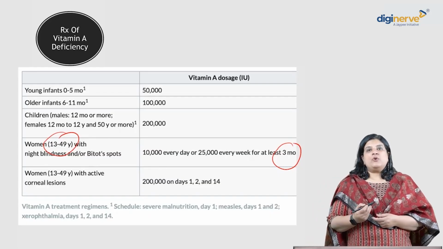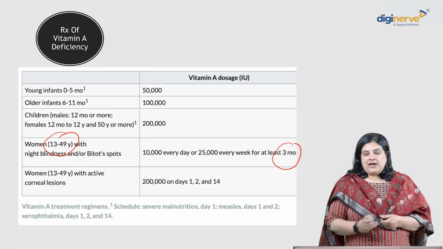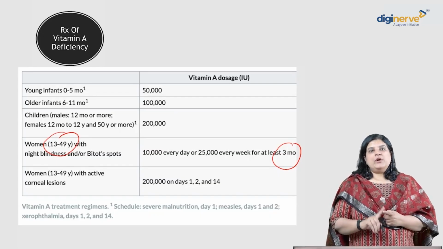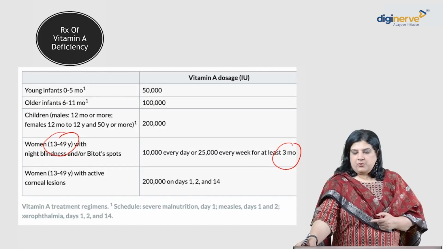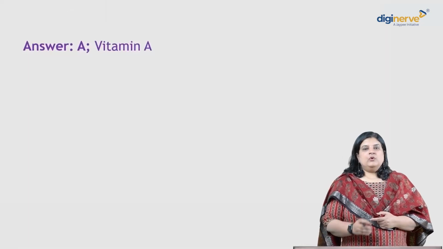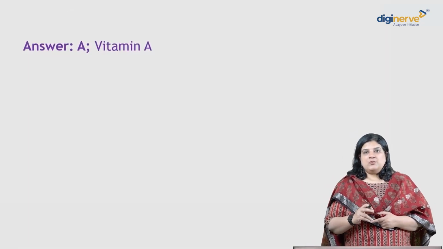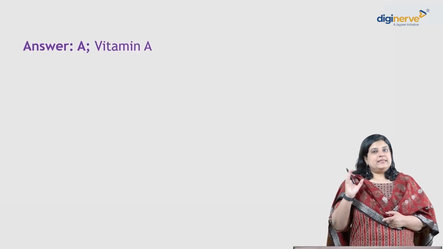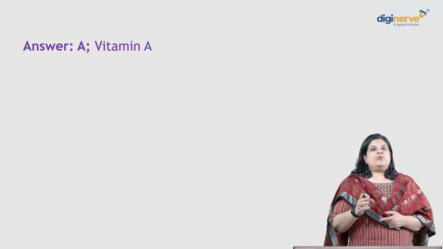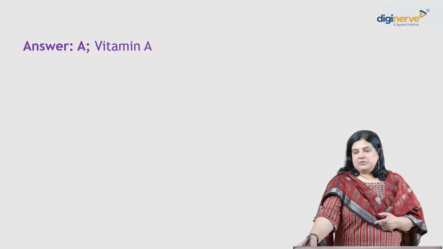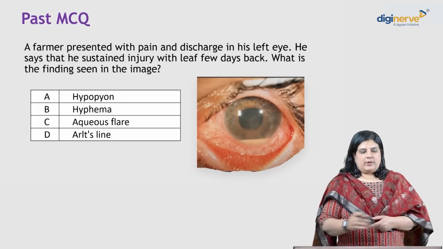Women with active corneal lesions, 2 lakh units on days 1, 2 and 14 if you want the cornea to recover. So this is important for you to remember. So the answer to our question was vitamin A. That disease entity that was shown was Bitot spots, and I have provided you the relevant information about vitamin A deficiency. Going on to the next question.